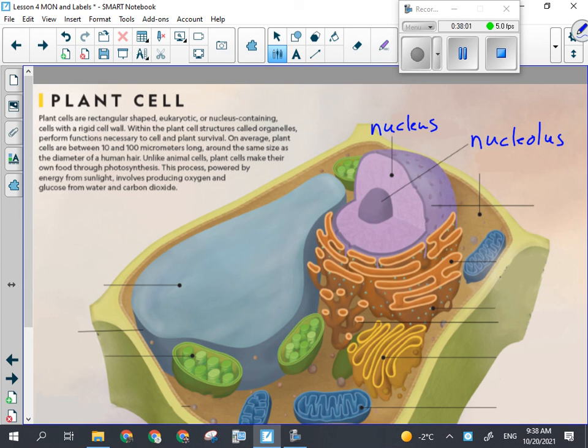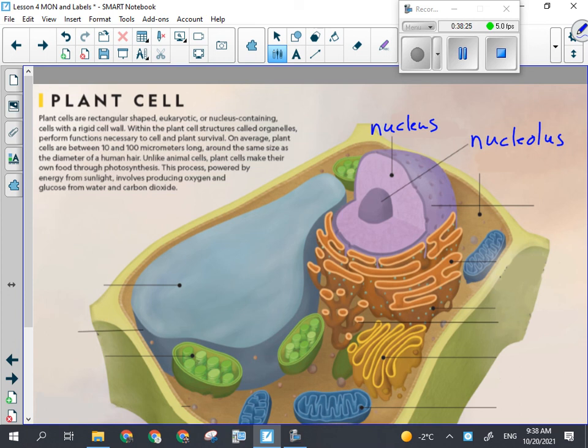Well, the nucleolus is like the librarian. It knows where all the information is, and it can sign it out to you so you can learn something or do something with it. So the nucleolus will find the parts of the DNA that are needed, make copies of those, and send the copies out into the cell where the proteins can be manufactured.